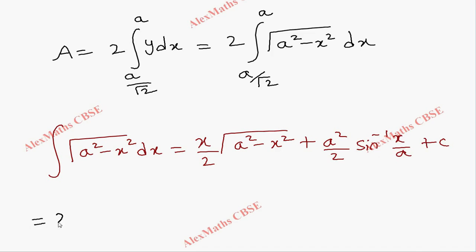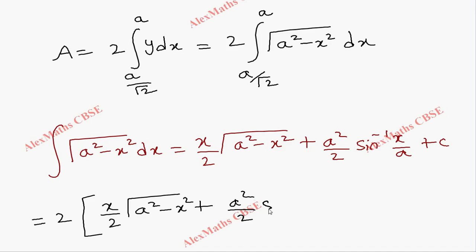We have 2 outside. When we integrate this, we write the full formula, (x/2)√(a² − x²) + (a²/2) sin⁻¹(x/a), and our limit is from a/√2 till a.